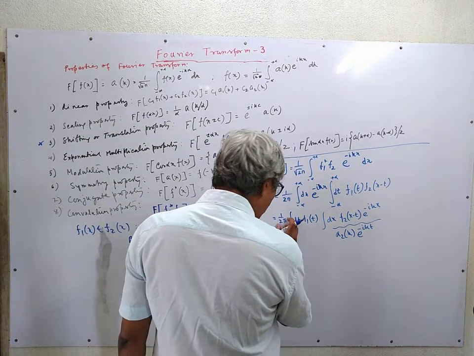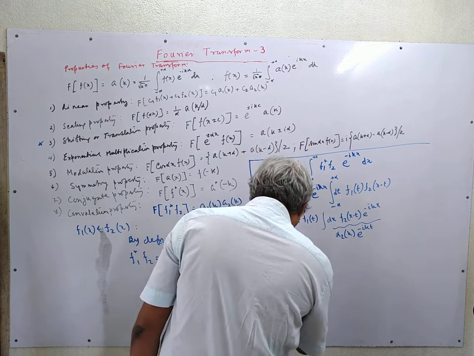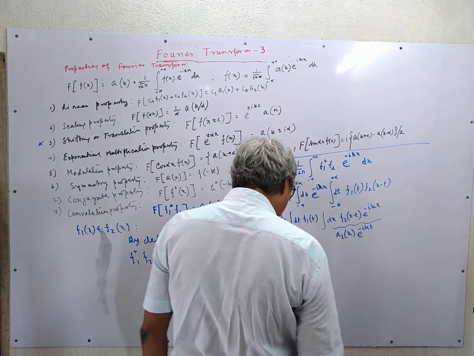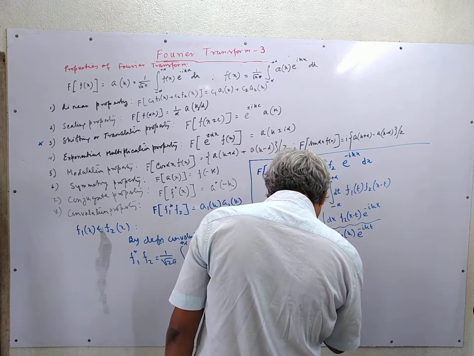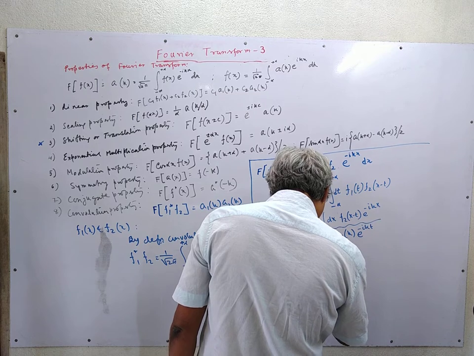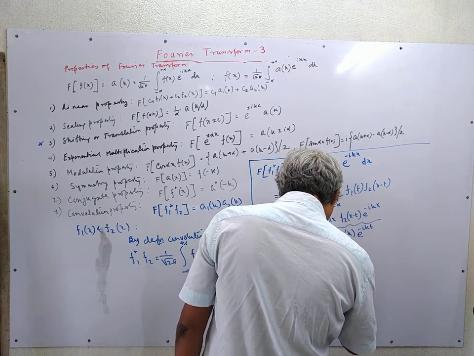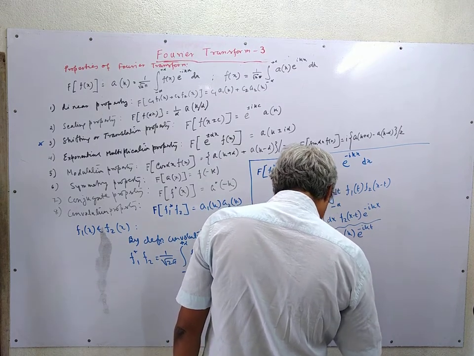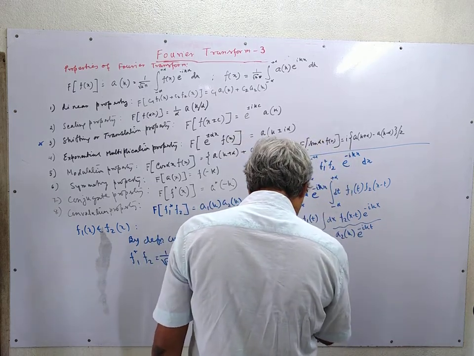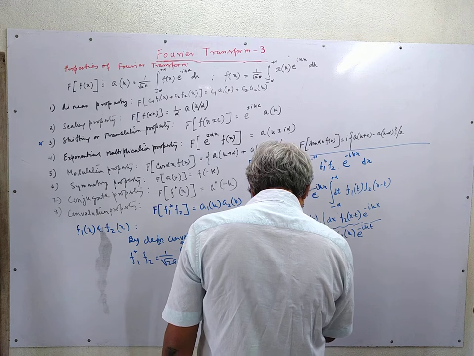So the one root 2 pi goes with A2 and we are left with only one root 2 pi, and the quantity is dt, e to the power minus I k t, f1 of t. This is multiplied by A2 of k.